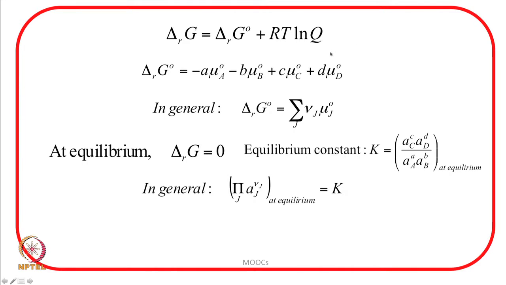In other words, Q at equilibrium is equal to K. So, K will be then activity of C raised to the power c into activity of D raised to the power d divided by activity of A raised to the power a, activity of B raised to the power b, but at equilibrium. And once again, as we expressed for Q, we can also write for K that K in general is equal to pi j into activity of J at equilibrium.